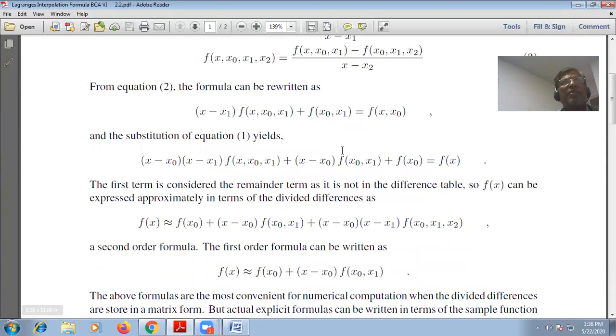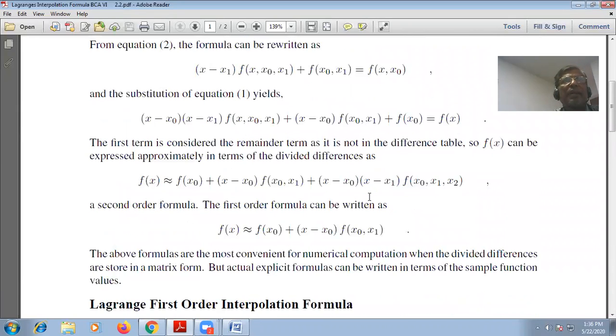The first term is considered the remainder term, as it is not in the difference table. So f of x can be expressed approximately in terms of the divided differences as f of x is supposed to be equivalent to this.